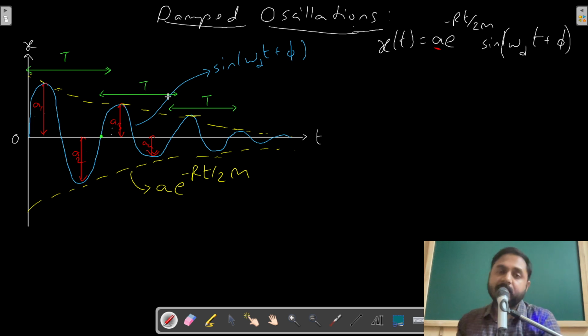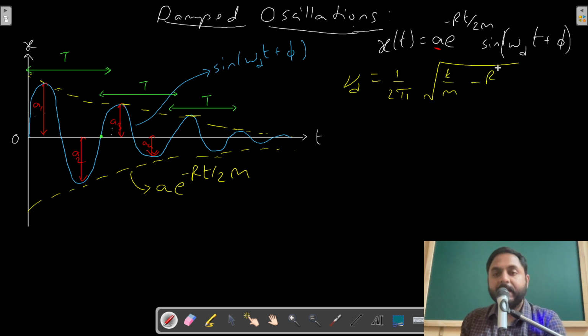Now there is another point that I want you to see. If you remember, the frequency for damped oscillations, nu d, was equal to 1 over 2 pi times the square root of k by m minus r square by 4m square. Everything in this term is constant. The amplitude is changing, and the frequency reduces compared to free oscillations, but the frequency is constant.